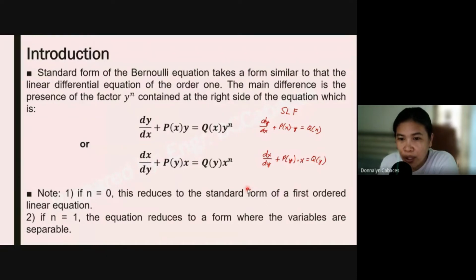So to give you the general solution for a Bernoulli equation, let me use the first form: derivative of y with respect to x, plus p as a function of x times y is equal to q as a function of x times y to the n.